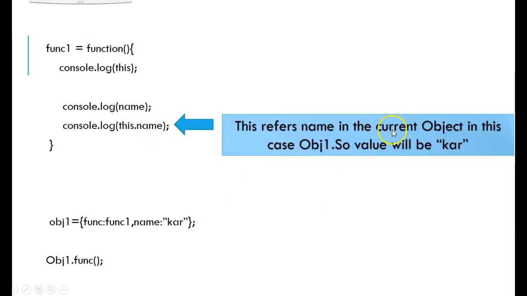But with this.name you will get a value, because this function is called as a member of object1. So this means object1, and in this object we have a property name, so you will be able to get the value kr.